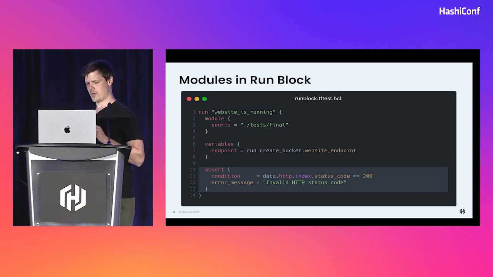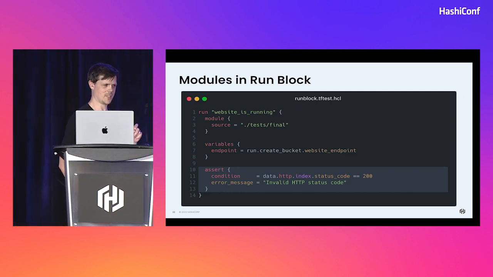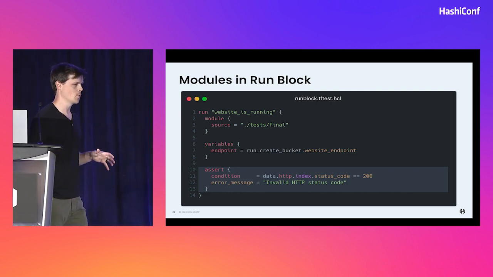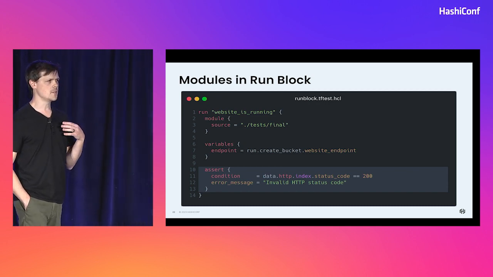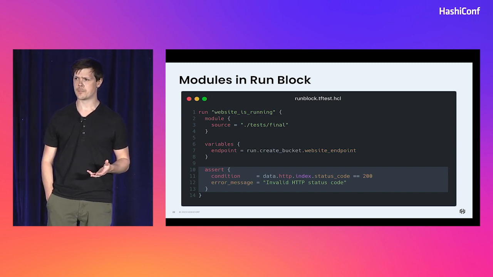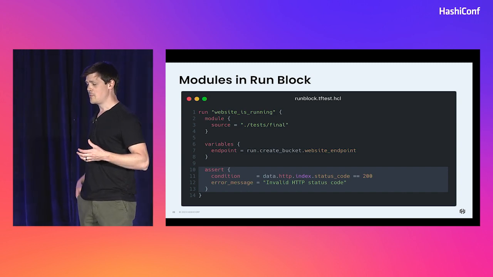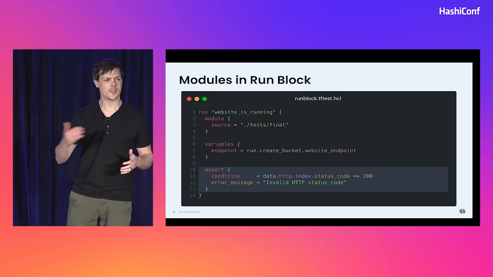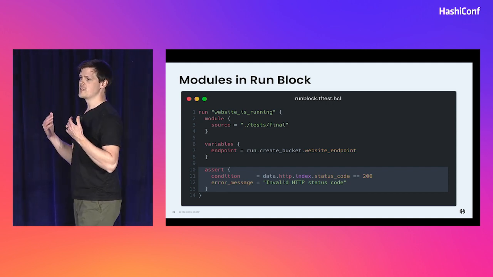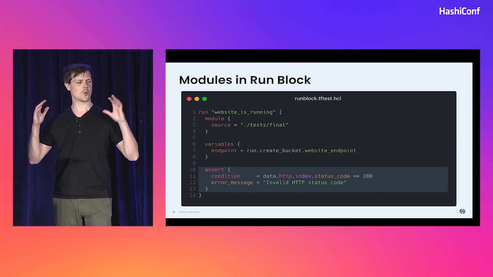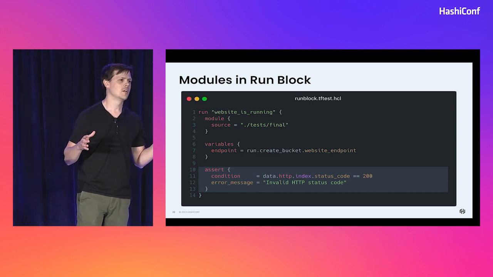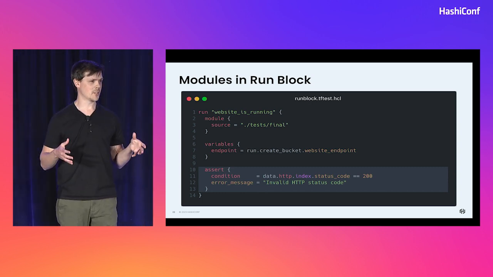Now there's one more feature of tests that I want to point out before we start jumping into running and writing some of these, which is the use case where you may explicitly expect failure. In fact, you want it to fail. A good example of this is input variable validation. If I put some parameters around an input variable, I want to test to make sure my logic is correct.